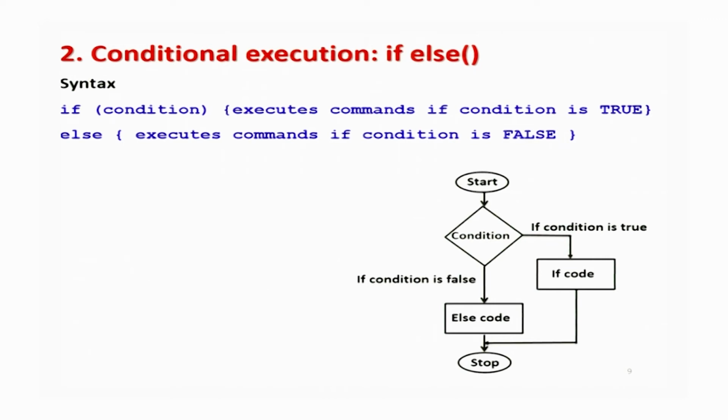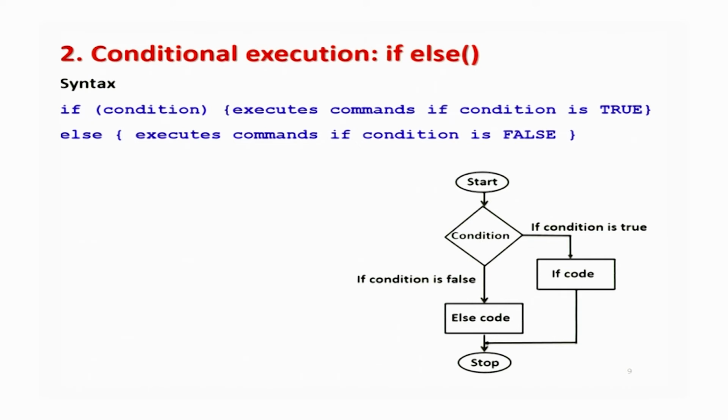For example, the example which I took in the beginning, that if a student has got more than 50% marks, then it should be printed that the student has passed, and if the student has received less than 50%, then it should be printed that the student has failed, like this.